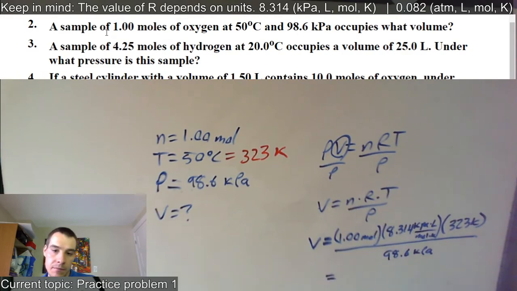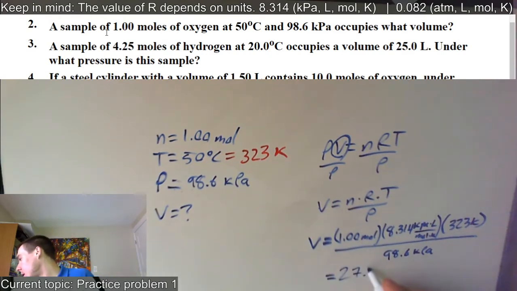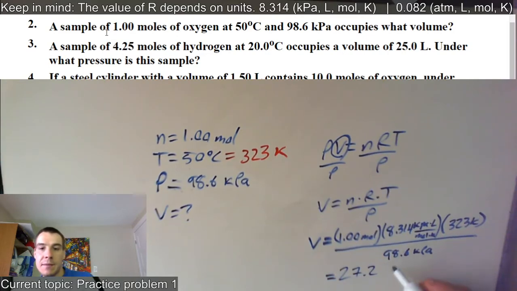Then our answer is going to be 1 times 8.314 times 323, and we will divide that by 98.6. 27.2 liters is what my calculator gives me, and I need a unit. Well, liters is my unit of volume, because the kPa cancels kPa, moles cancels moles, K cancels K, and liters is the only thing left.